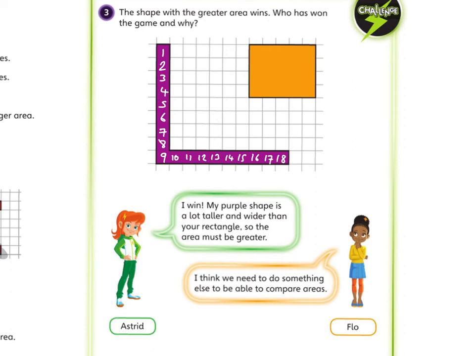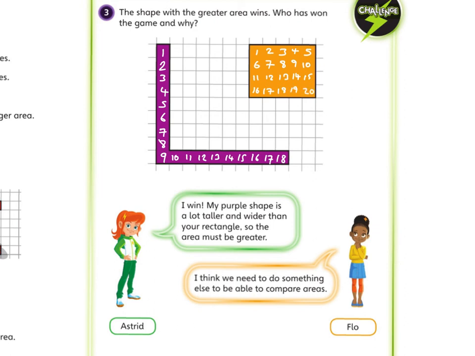Let's have a look at Flo's shape. 1, 2, 3, 4, 5, 6, 7, 8, 9, 10, 11, 12, 13, 14, 15, 16, 17, 18, 19, 20.